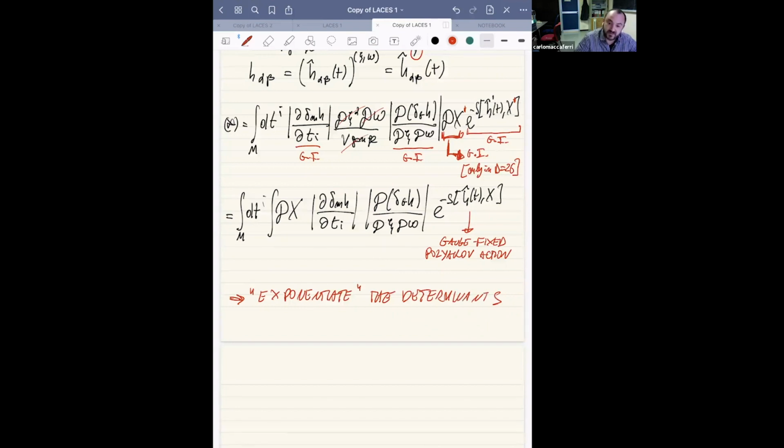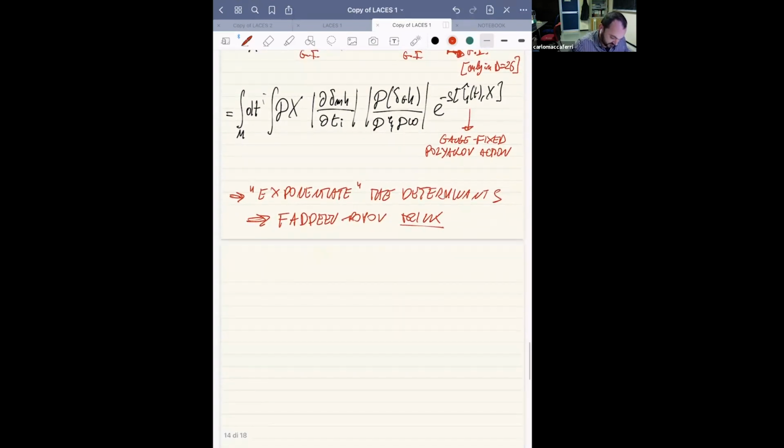So you know that this exponentiation of determinants is essentially done by using the Faddeev-Popov trick. So what is this Faddeev-Popov trick?